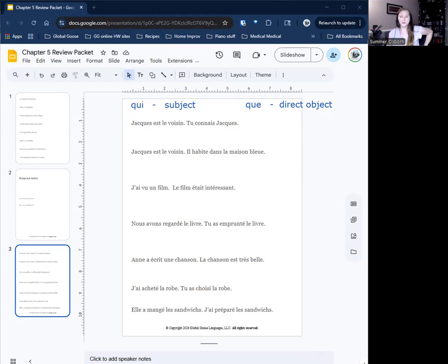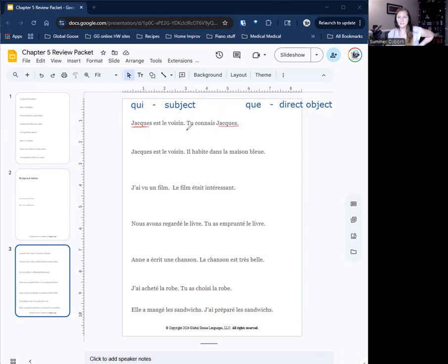Whenever you have choppy sentences like this one, Jacques est le voisin. Tu connais Jacques. You see how I've mentioned Jacques twice here, right in a row. That's not necessary. So to avoid that repetition, I'm not going to change anything in the first part of my sentence. Jacques est le voisin.